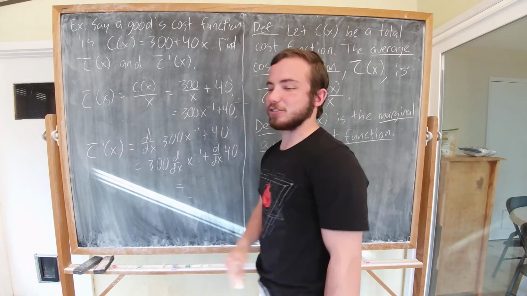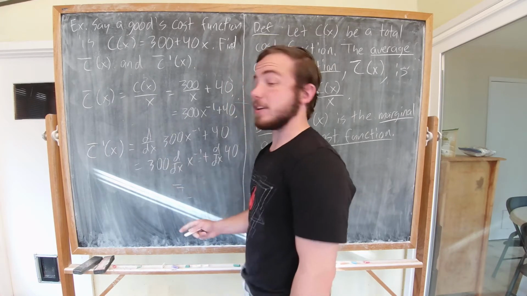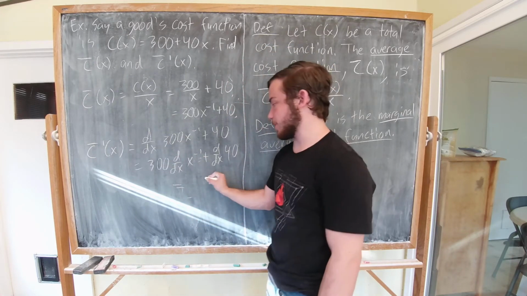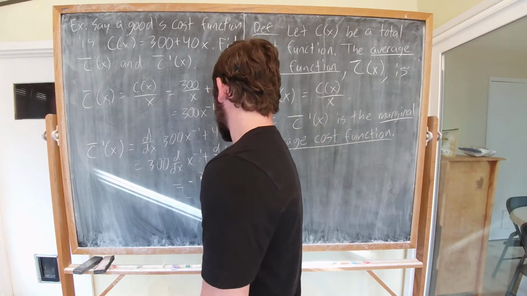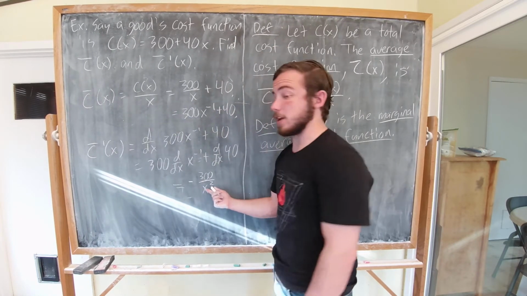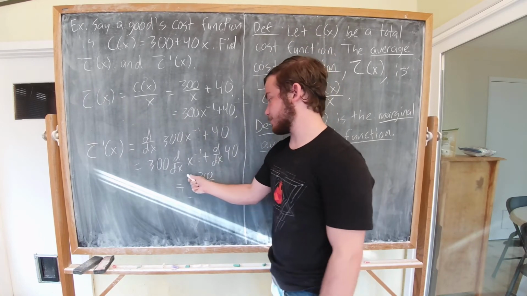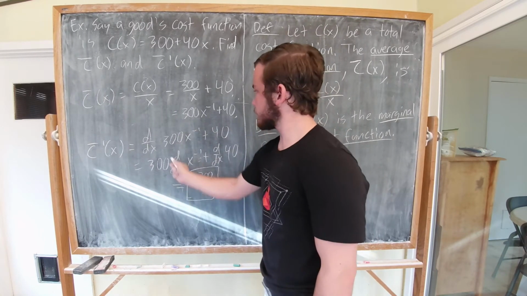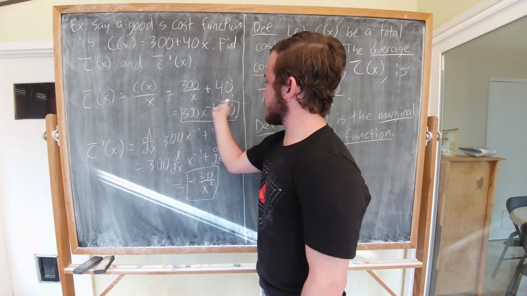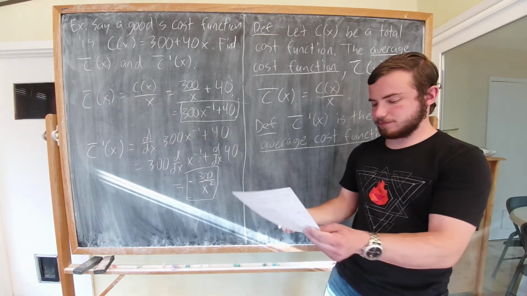That's 300 times negative 1, so negative 300 x to the negative second. So we're going to have negative 300 divided by x squared, and then that's it, because the derivative of 40, or any constant, is 0.